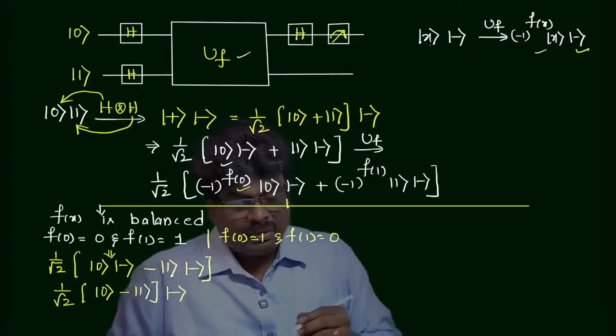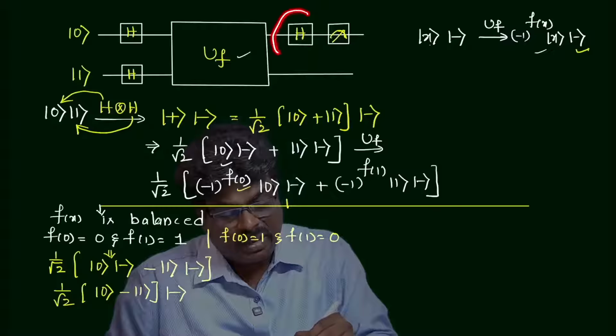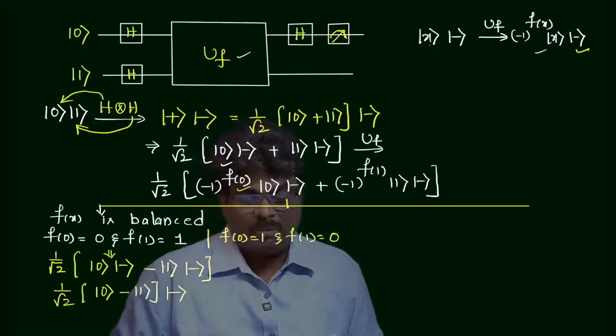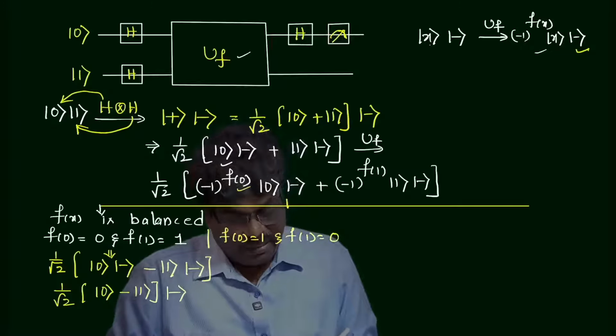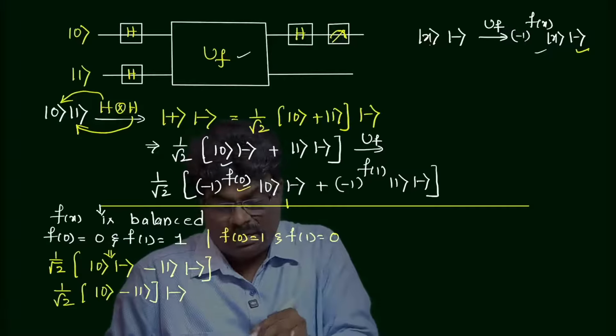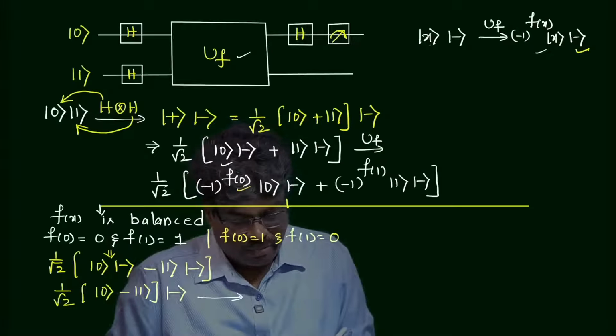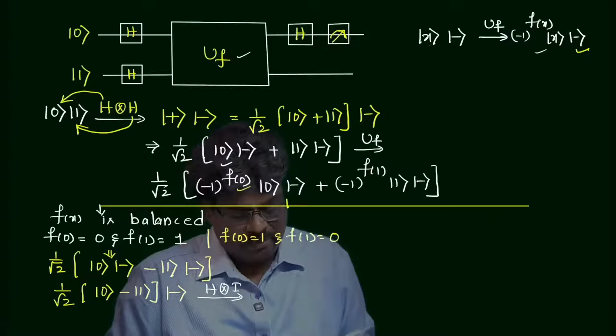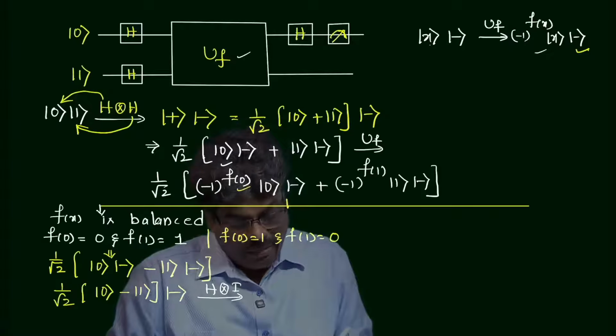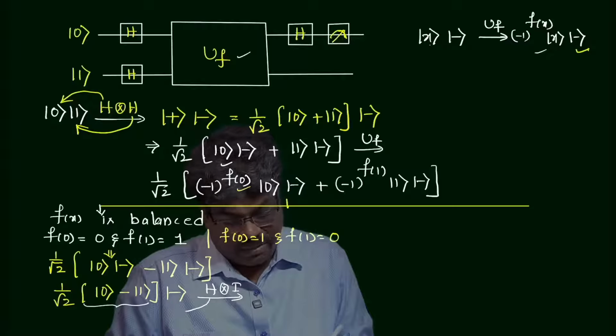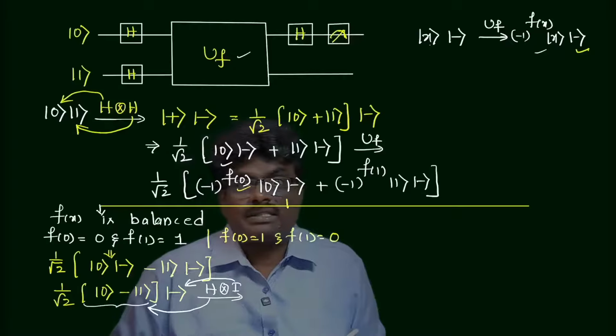Now after this we have one Hadamard operation. If you carefully see here, the Hadamard operation is there. So this is nothing but Hadamard tensor I. The Hadamard will operate on this 0 minus 1 state, and I will operate on this minus state.